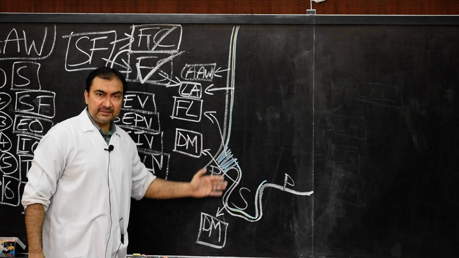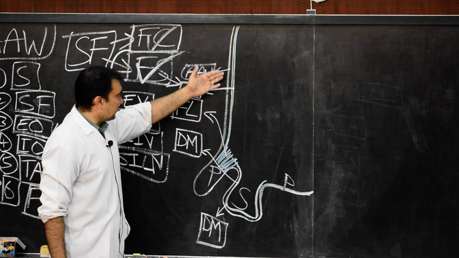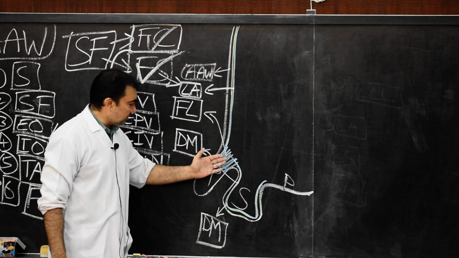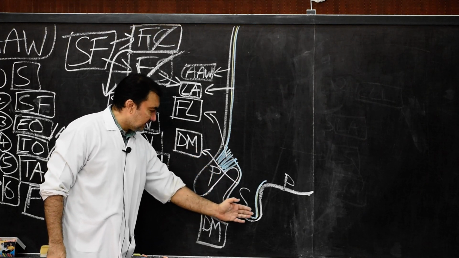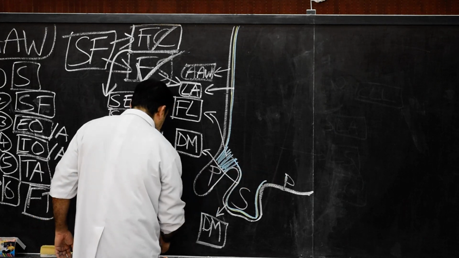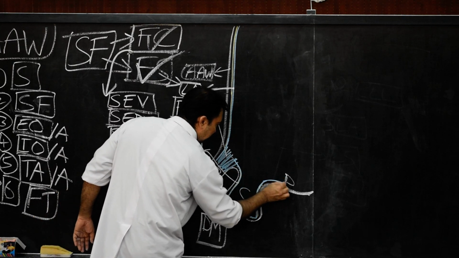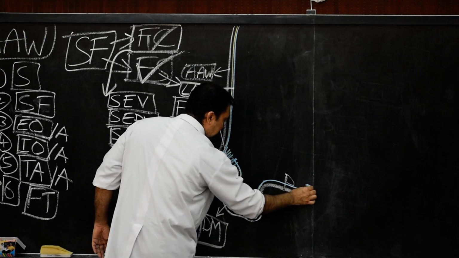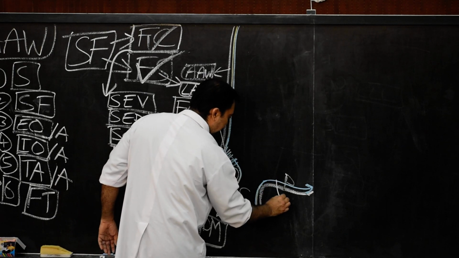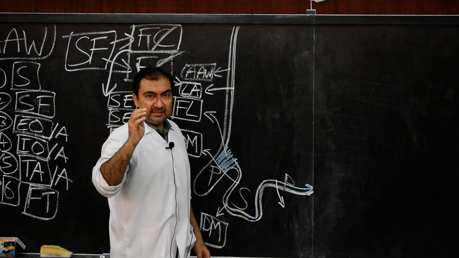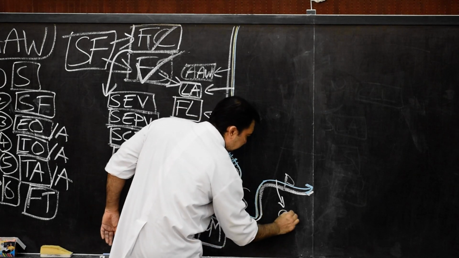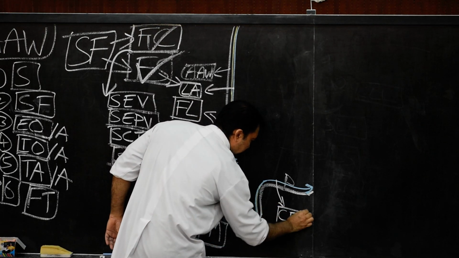Remember, these are the attachments of the fascia of Scarpa: linea alba, then the fundiform ligament of the penis, then continuing as the dartos muscle of the scrotum, and then posteriorly, here I will put an arrow, it will continue as the Colles fascia of the perineum.